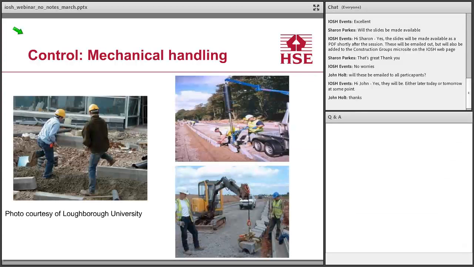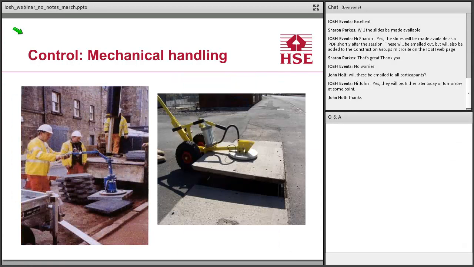If you add the weight of the manual curb lifter, which can be 15-20 kilograms, then the total weight of the curb and the curb lifter is well into the purple zone. That's why we're saying the mechanical handling should be your first port of call. And obviously what you can do with curbs, you can also do with pavings. Some of the big paving slabs are really heavy.